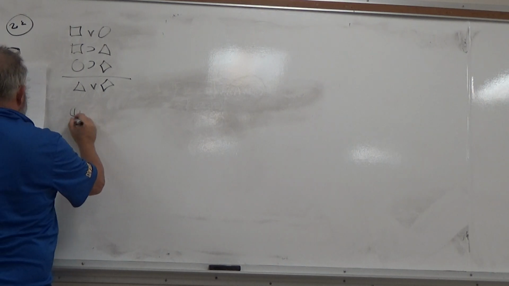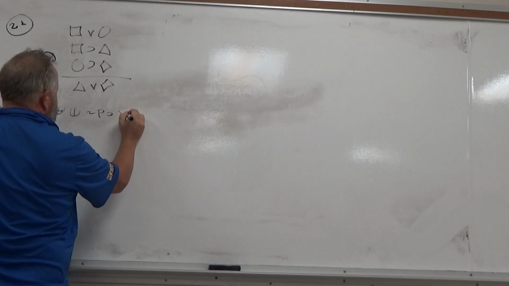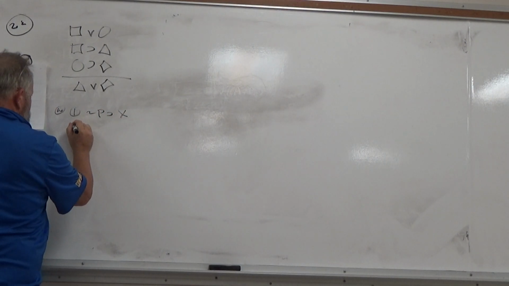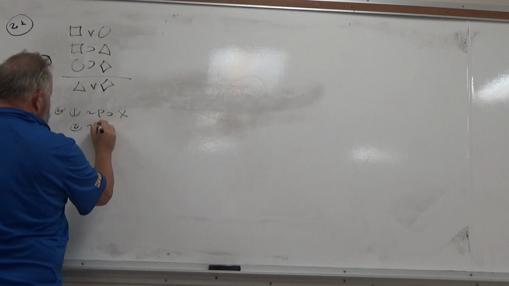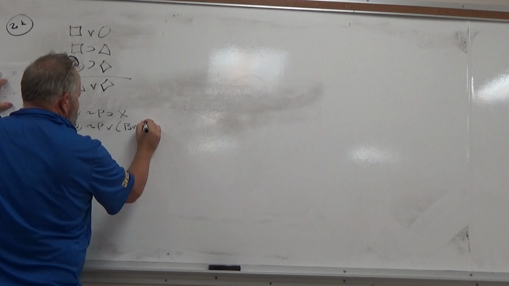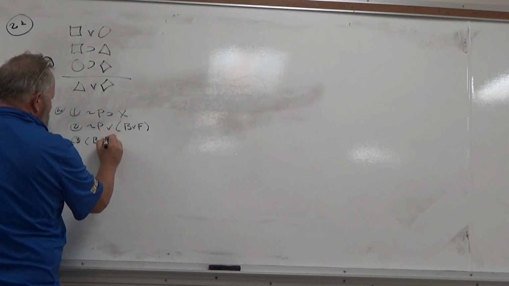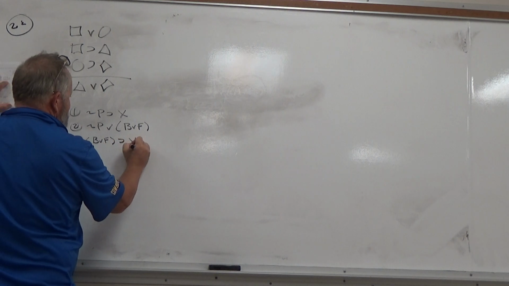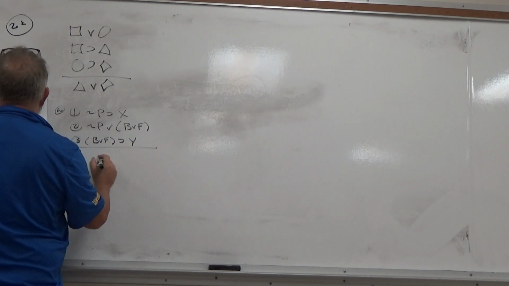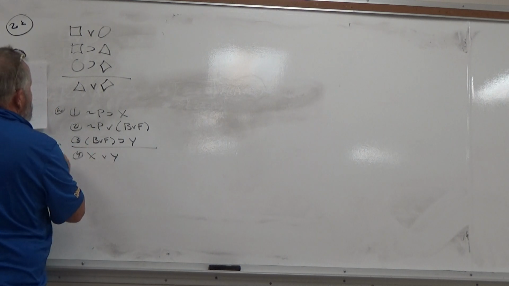So the first one, A, says not P then X. 2 says not P or B or F. And 3 says B or F, then Y. And the conclusion is X or Y. Okay.